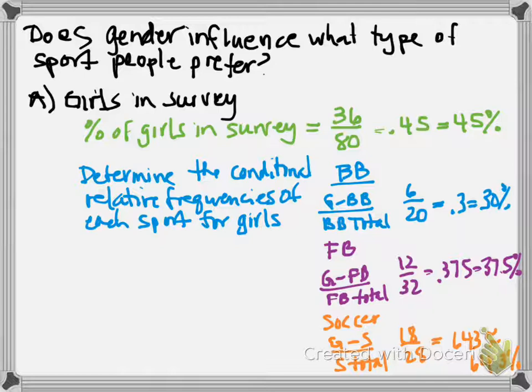Now, what we're going to do is take these three percents and compare them back to what we expected the results to be. If girls are 45% of the people surveyed, then they should be at 45% if there's no gender bias. Gender has nothing to do with what they select. So now we're going to compare each of them.